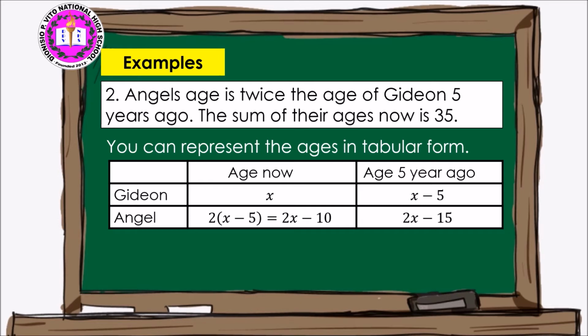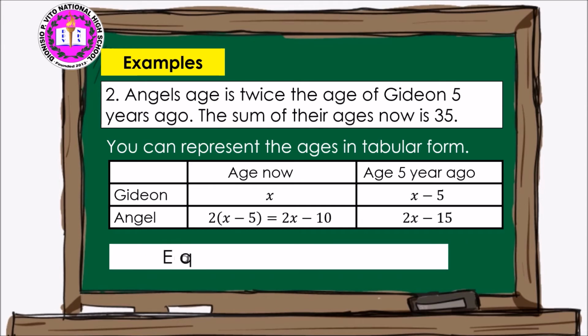And Angel's age now is 2 times x minus 5, which is equal to 2 times x is 2x. Then 2 times negative 5 is equal to negative 10. Therefore, Angel's age now is 2x minus 10. And Angel's age 5 years ago is 2x minus 15. Therefore, the equation that we have is x plus 2x minus 10, which is equal to 35.